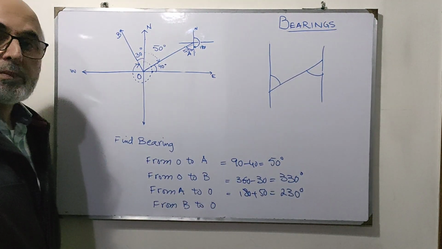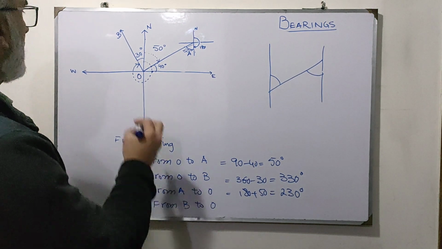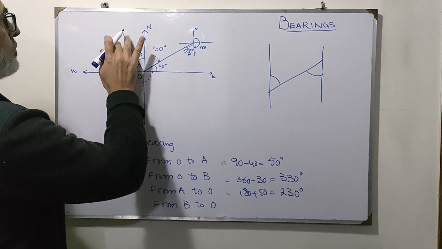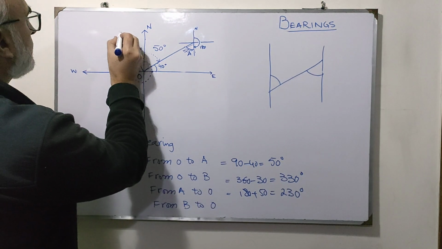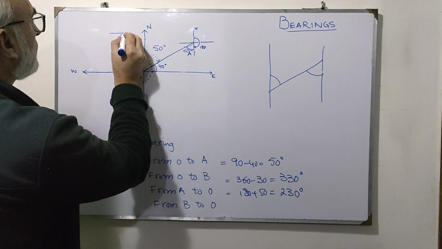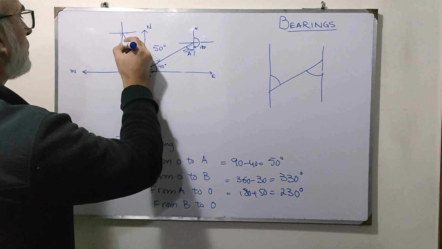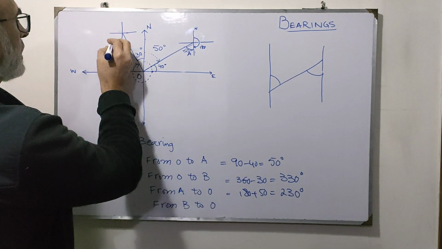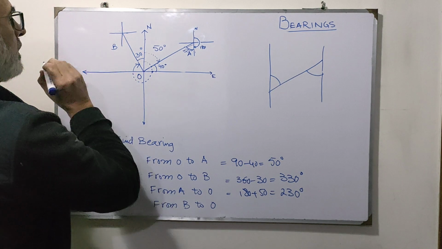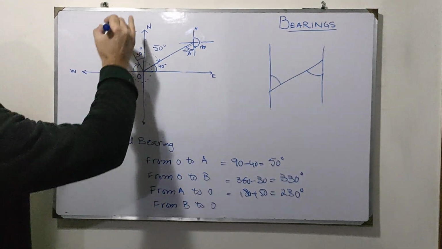Now finally, bearing B to O. For this, we'll also make a true bearing over here. We're doing this for B, and this is our north.